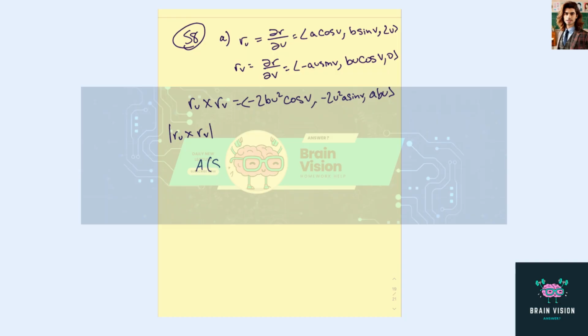what we'll end up getting, we're going to want to use its magnitude. So A(S) will be the double integral of the magnitude dA, and that's going to equal the double integral.